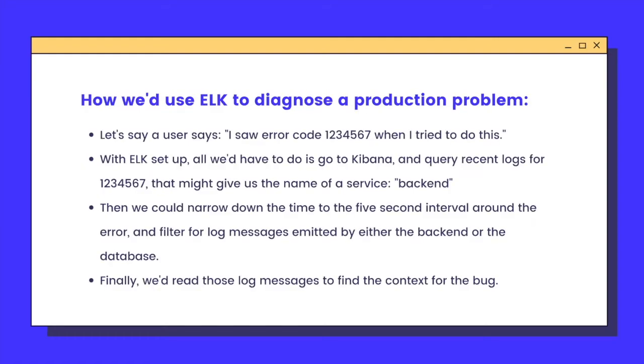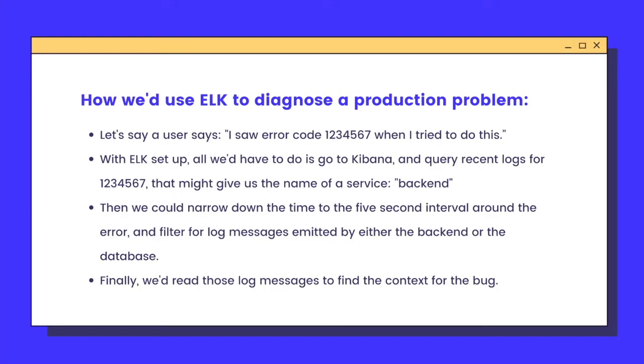How would we use ELK to diagnose a production problem? Well, let's say a user says, I saw error code 1234567 when I tried to do this. With ELK set up, we'd go to Kibana, enter 1234567 in the search bar, press enter, and that would show us the logs that corresponded to that. One of the logs might say, internal server error, returning 1234567.